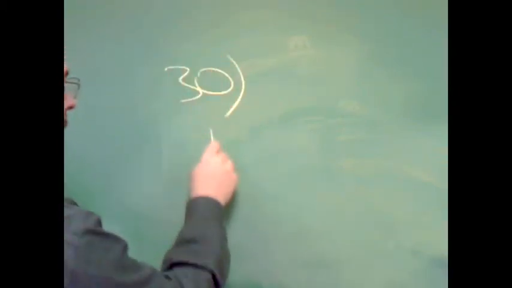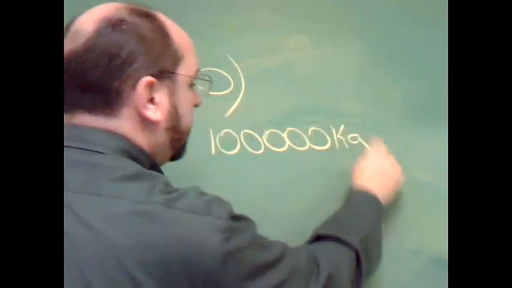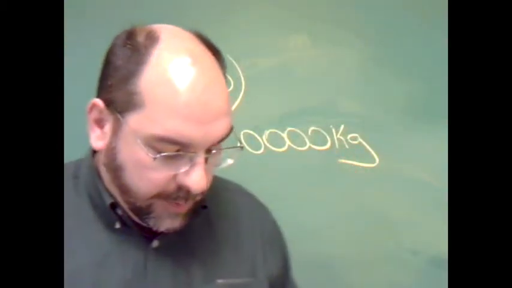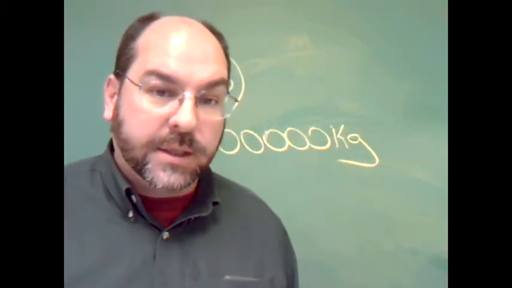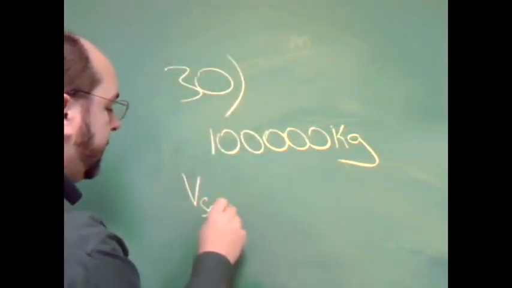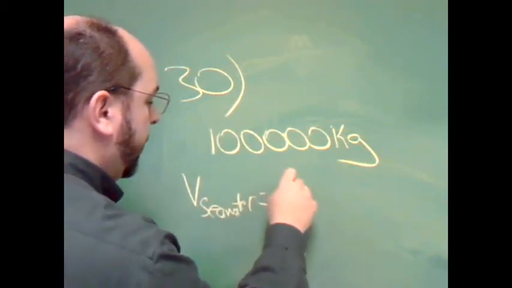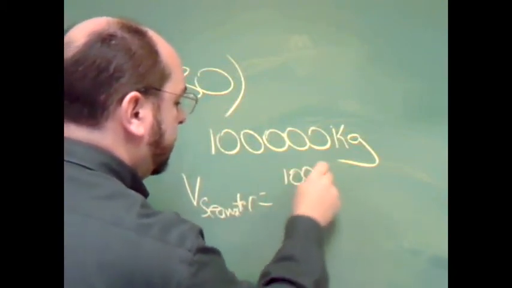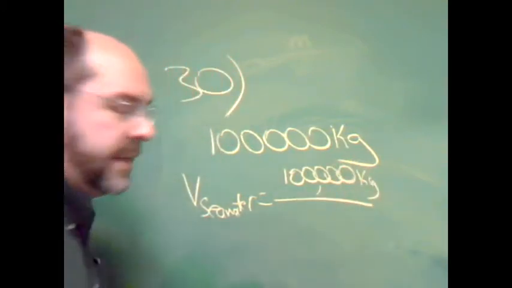So if our 100,000 kilogram ship, in order to float, displaces 100,000 kilograms of water, the volume of seawater would be 100,000 kilograms divided by the density of seawater.